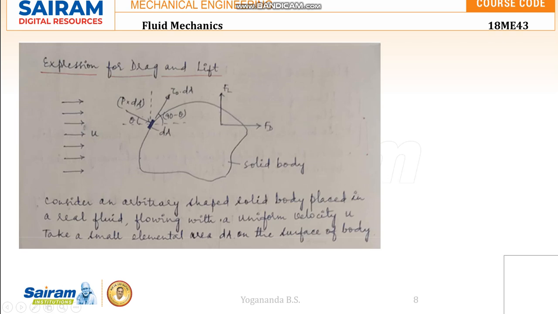We are getting first the expression of this drag force and lift force on the elementary area. Then we will integrate the expression to get the total drag force and the lift force acting on this entire solid body.